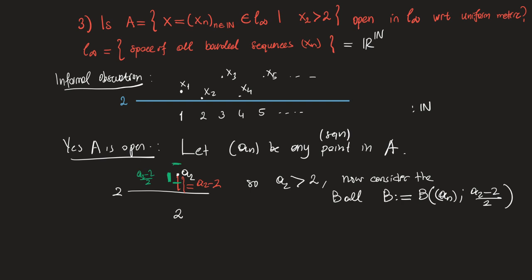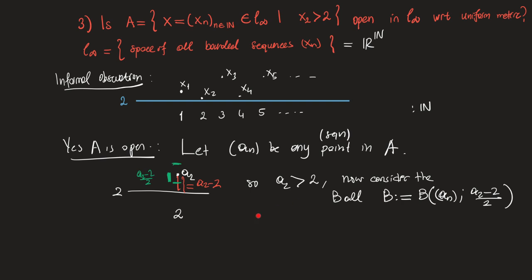If you do this, and if you take any point from this ball, they would be automatically in A, because their second index cannot exceed this A2 by more than (A2 minus 2) over 2. That's why for any xn from this ball, the x2 should also be bigger than 2.